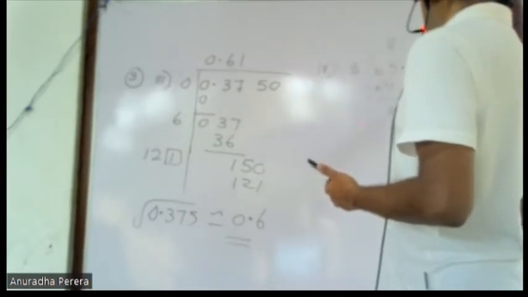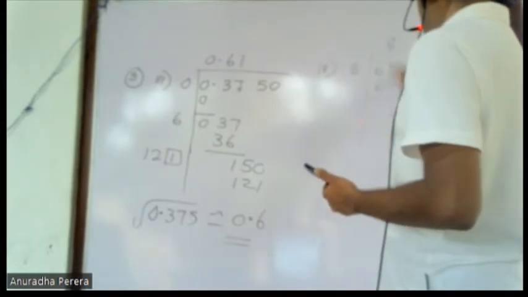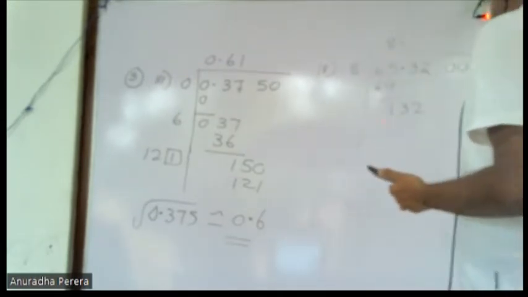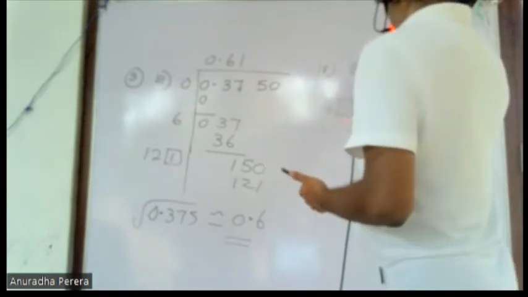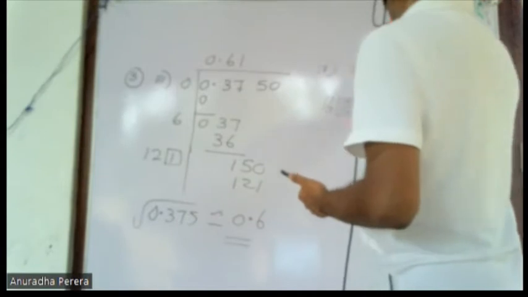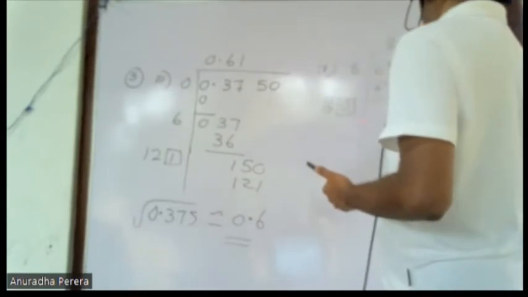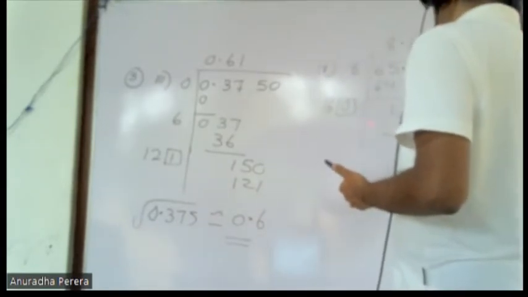Subtract to get 1. Next pair. Put the decimal point. 8 times 2 is 16. This one is 0. 132. Next pair.